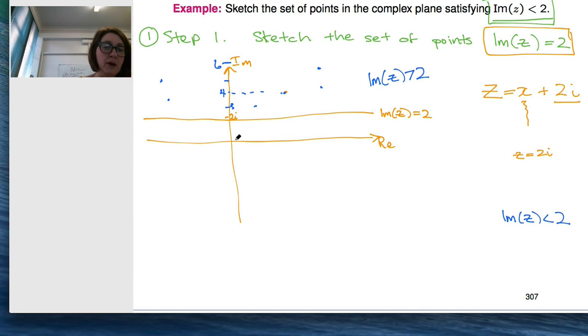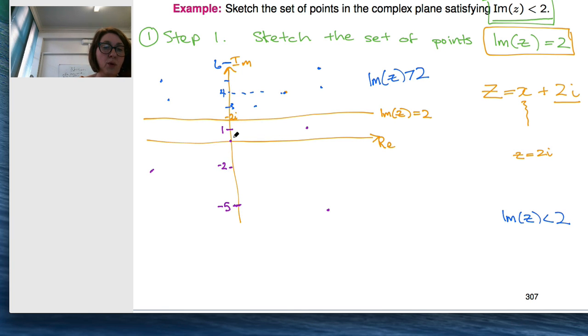What happens if I'm below the line? Well, certainly 0 has got an imaginary part less than 2. What about a complex number there? Its imaginary part looks like it might be about 1. What if I've got a complex number that's down here? Its imaginary part looks like it might be about -5. This one might be about -2.